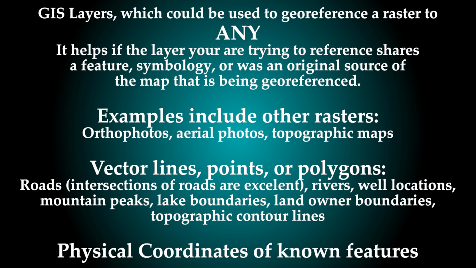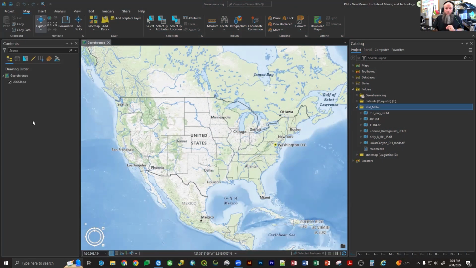So because we know that we have some difficult maps to georeference, I wanted to give some context for learning how to georeference, some of the normal operations and some of the things that come up when we decide we are going to georeference. I had some difficult maps picked for me to georeference.